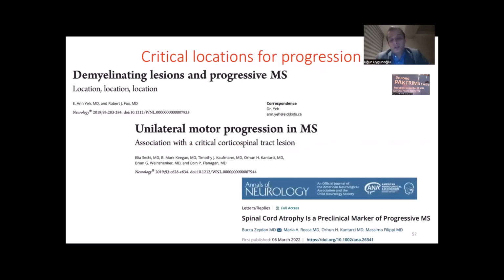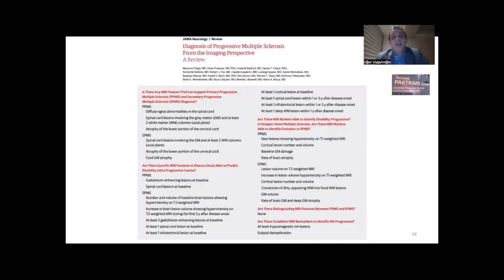There's no established MRI biomarker, but spinal cord MRI may help us to comment about progressive disease in patients, particularly at the level of C6 to C7, if there is a volume loss at the level of C6, and you can measure it manually on the axial section of the MRI.